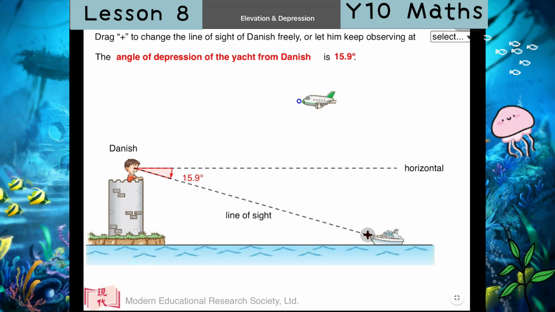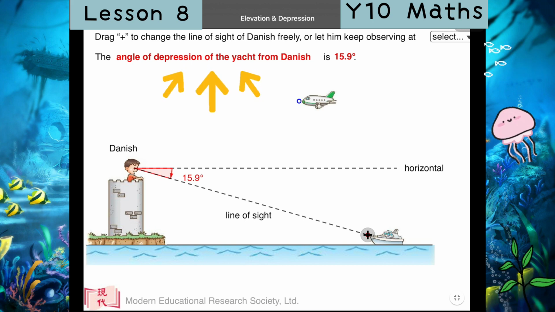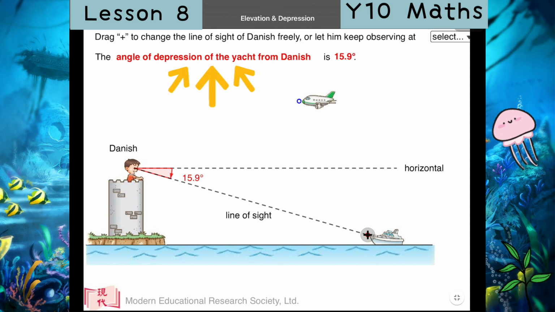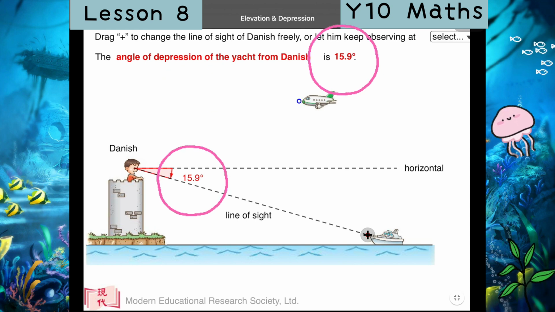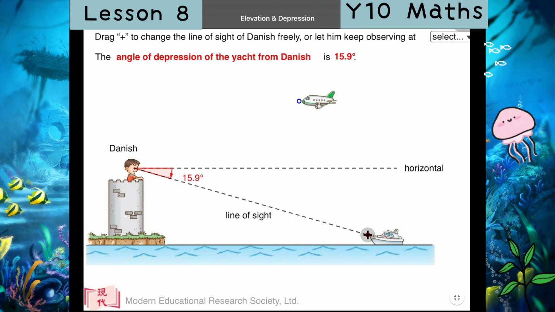You must form a line of sight connecting from the eye to the yacht, to the object. Then this one we form an angle of depression. Look at this, the angle of depression of the yacht from Danish. You see the word from, from Danish, is 15.9 degrees.